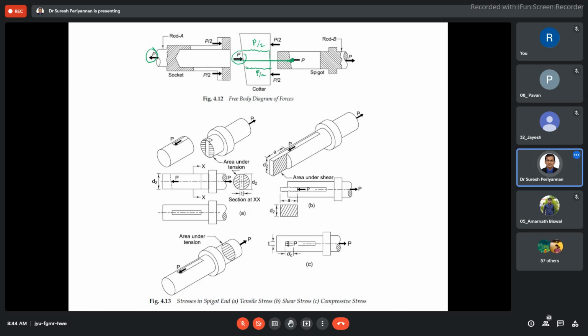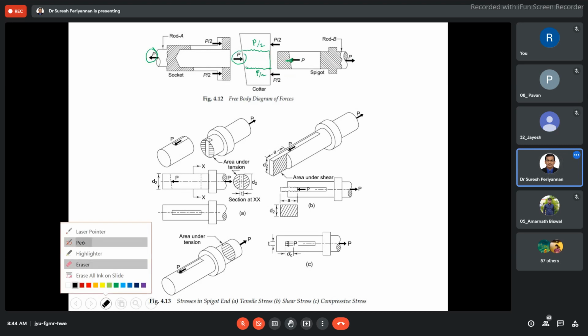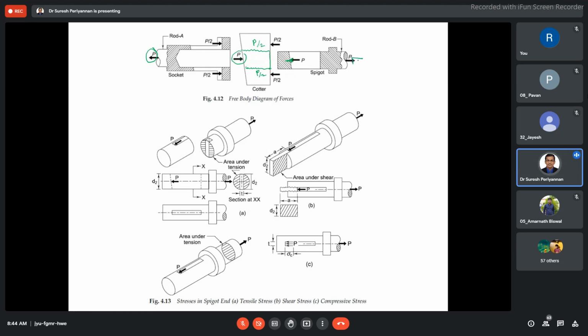Sorry, this side is the leftward direction. Here it is leftward, then this should be rightward for maintaining the equilibrium condition.